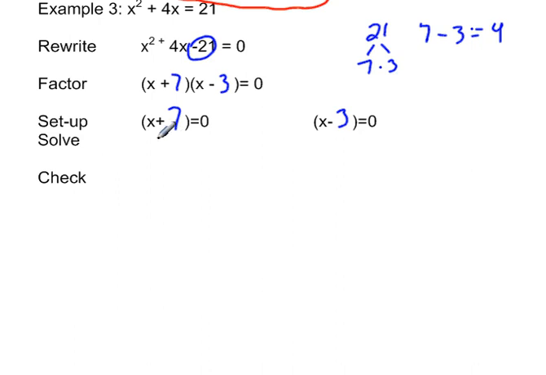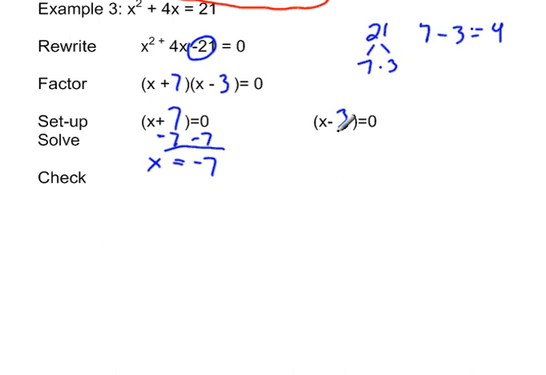Simply to solve for x, we undo what's being done to x with minus 7 here and minus 7 there, to both sides. That gives us x equals -7, because 0 minus 7 equals -7.